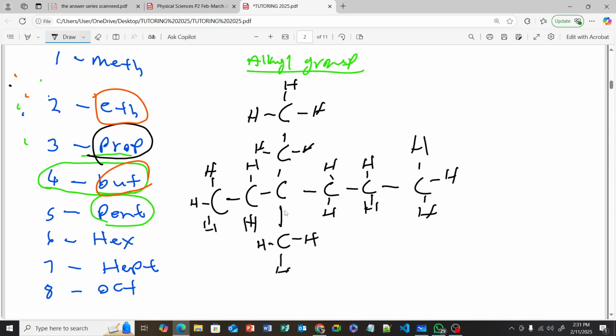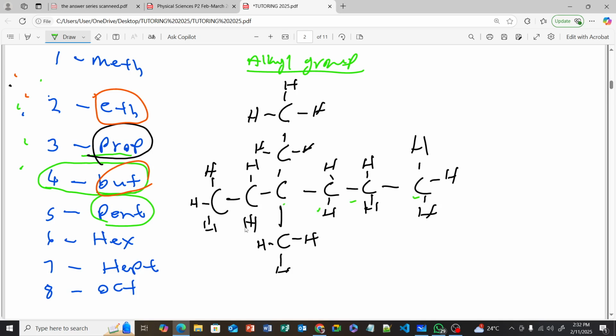Okay, this is the molecule that we have now. So now it looks kind of complicated, but now it really isn't. So now let us count. Okay, if we count from the right to the left, 1, 2, 3, 4, 5, 6.